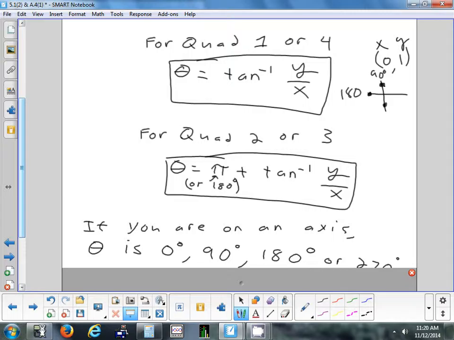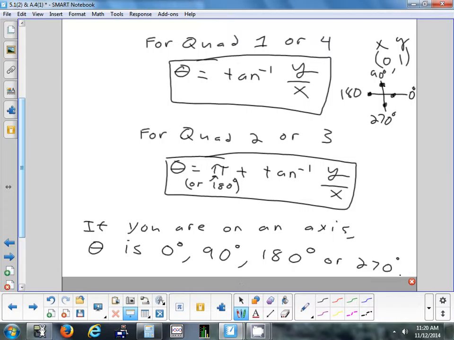Yep, negative 90, which is the same as positive 270. And then we started out at 0, which is the same as 360. Okay? So if you're on an axis, your angle is either 0, 90, 180, or 270. You don't use one of these formulas. They won't work out right.